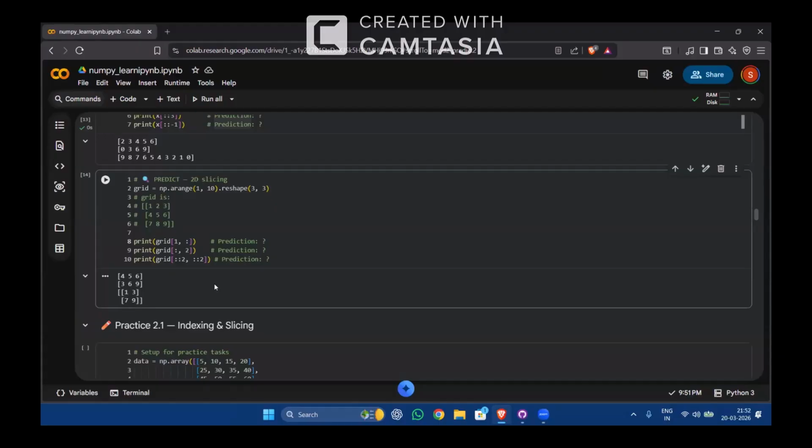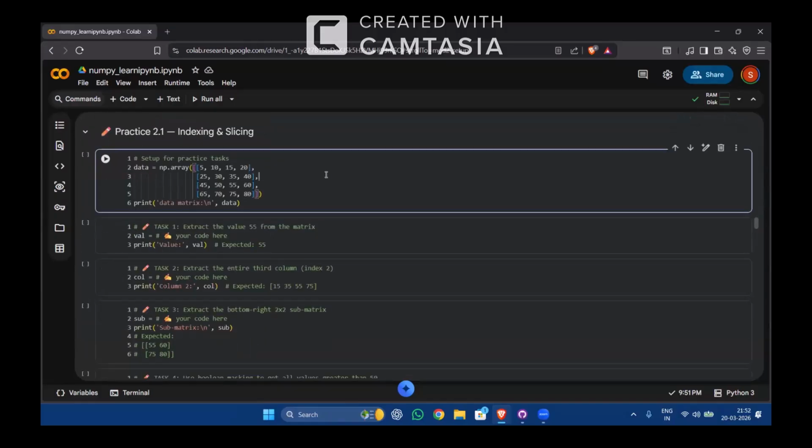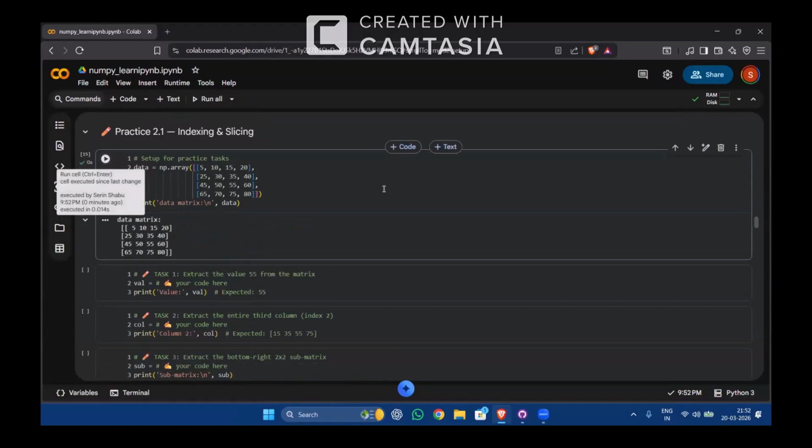Okay. Now can you move to the practice part? So extract the value 55 from the matrix. What is the answer?